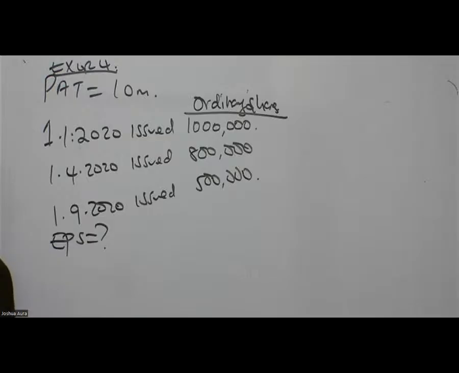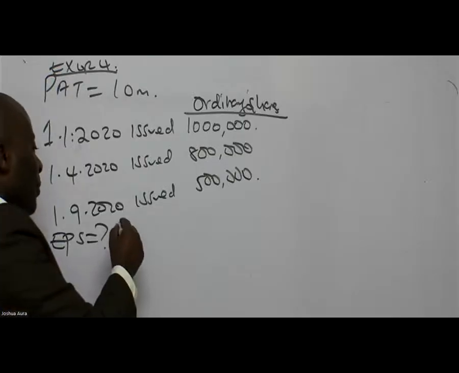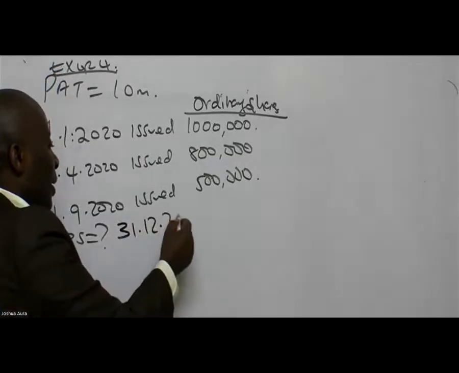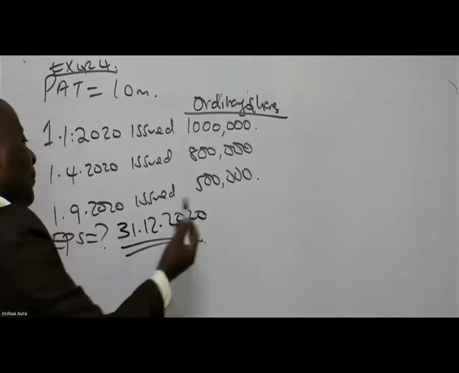The financial year is 2020. Remember, we are working from the beginning of 2020 up to the end of 2020, 31st of December 2020. So EPS, 31st December 2020, like that.